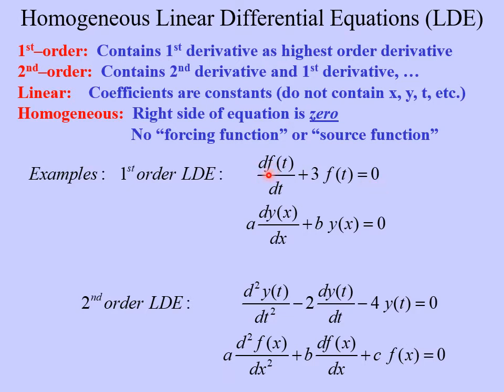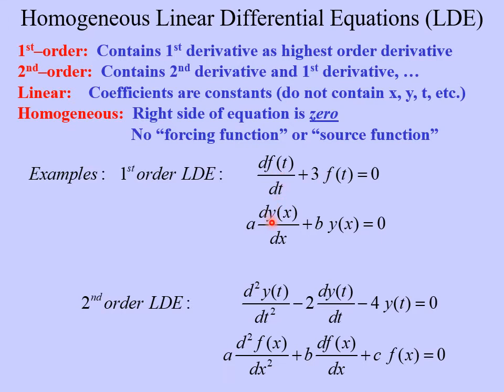Our highest derivative is just a first derivative, which is why it's called first order. The coefficients, a 1 in front here and a 3 here, are linear coefficients. They're just constants. We don't have an x or a y or an f or t in front of the functions and the derivatives.